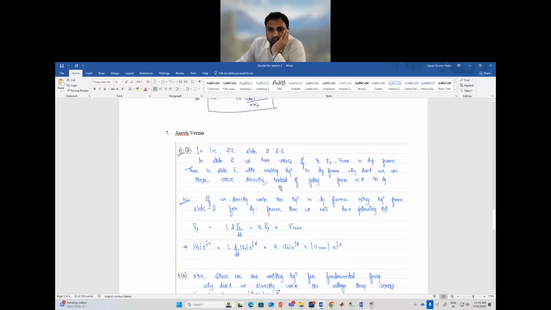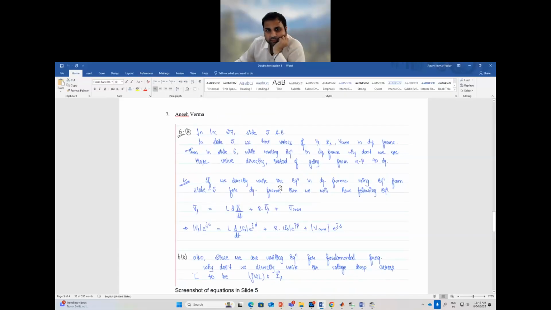This is a question where they ask why we can't directly write things in the dq axis, rather than first going to alpha beta and then to the dq axis. For any three-phase quantity, we first represent that three-phase quantity in the two-phase alpha beta, and then we go into the dq.